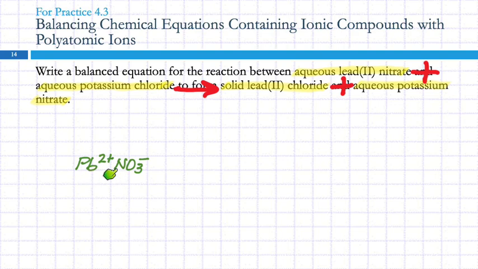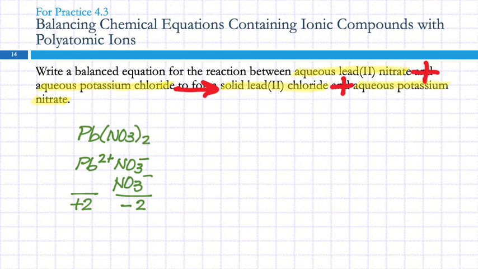So to combine these two so that I get a neutral compound, this is a +2 charge and a -1 charge, I need two of those guys, right? If I had two nitrates, I'd have a total of -2 charge and +2 charge, and those add up to 0. So the formula for that is Pb(NO3)2.